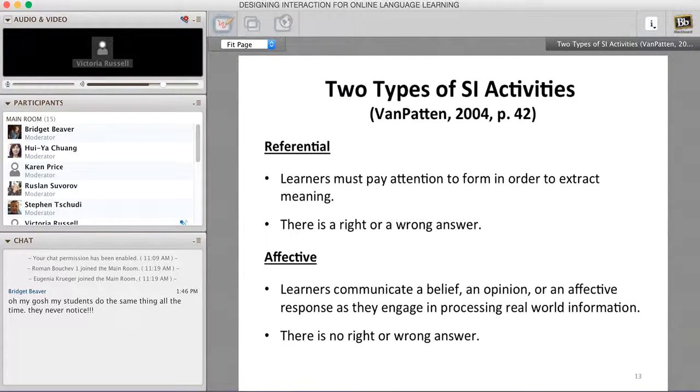They're different than referential activities because with effective structured input activities, there's not a right or a wrong answer. Van Patten suggests having learners begin with perhaps two or three referential structured input activities and then following these with effective structured input activities.